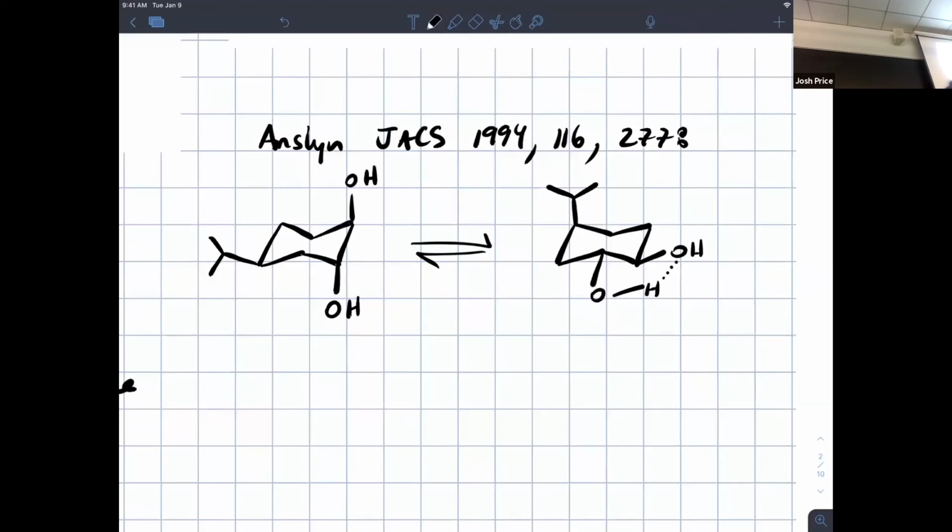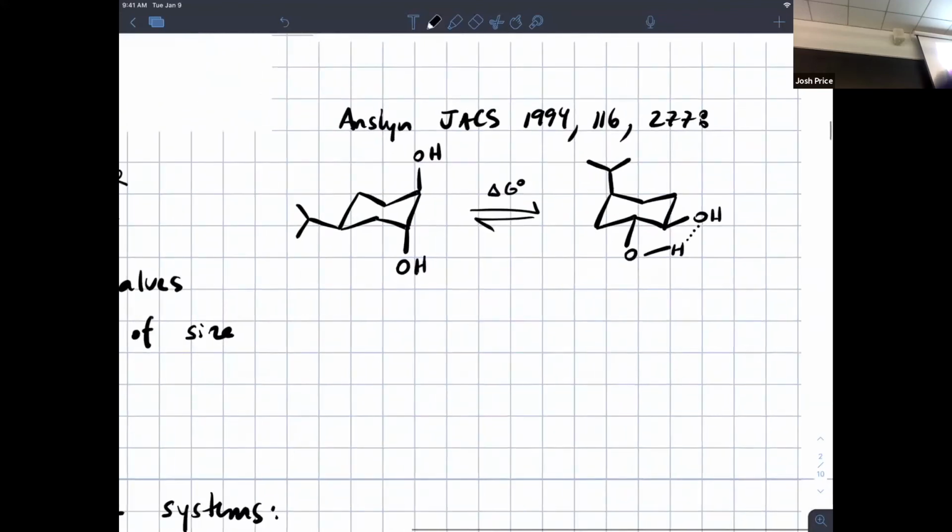Of course, going there, you could measure the delta G for this reaction by NMR, but going from conformation 1 to conformation 2 involves multiple changes. First, you have to deal with the A value for the isopropyl group because you just made that axial and you're paying a penalty.